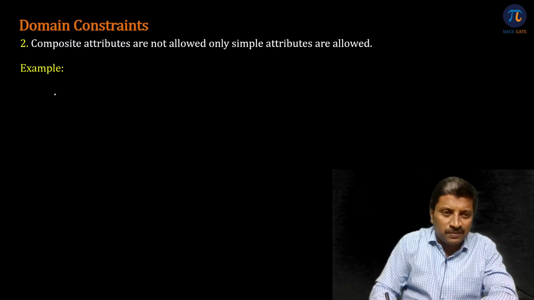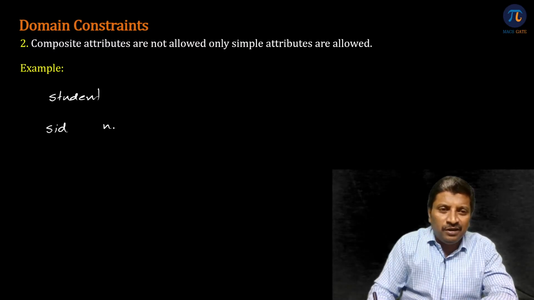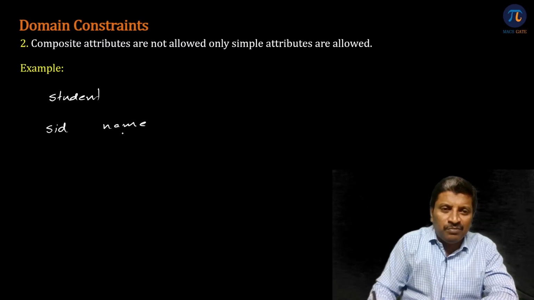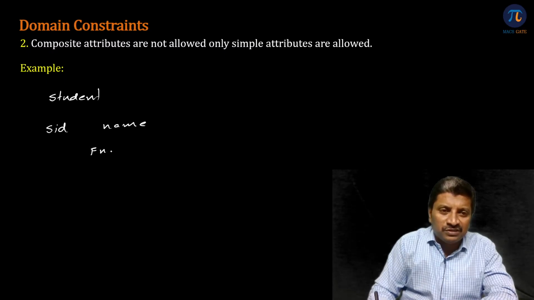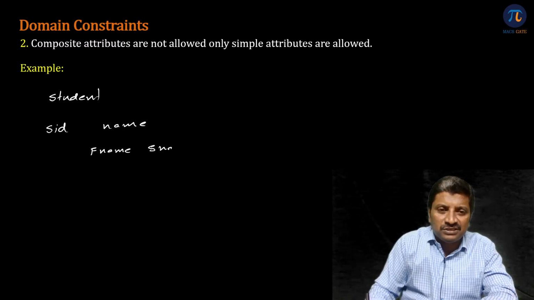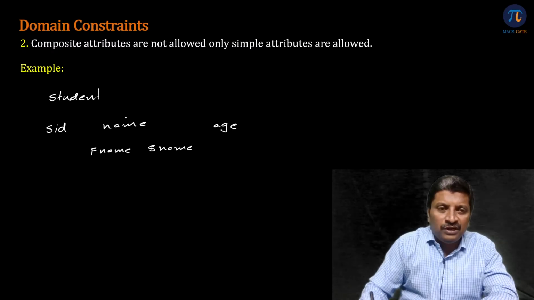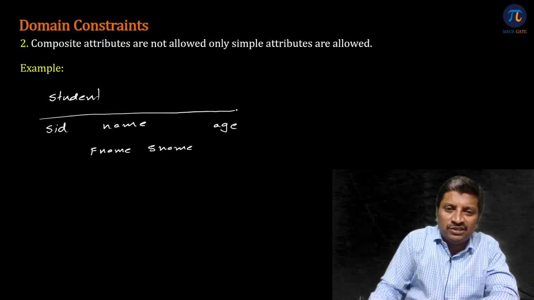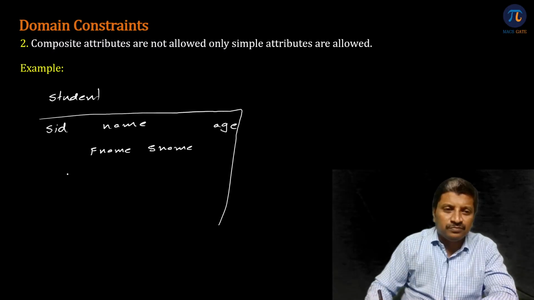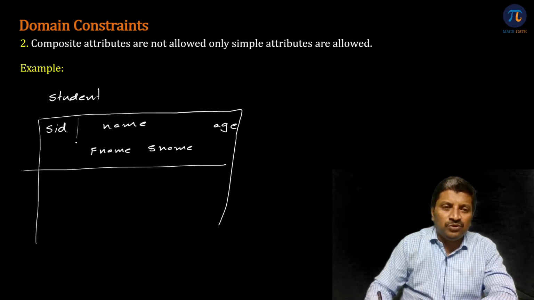So suppose my intention is this one only. I want to create roll number or student ID, and name which has two parts, first name and surname, and age. According to the domain constraint, this is not allowed. Then what should I do?